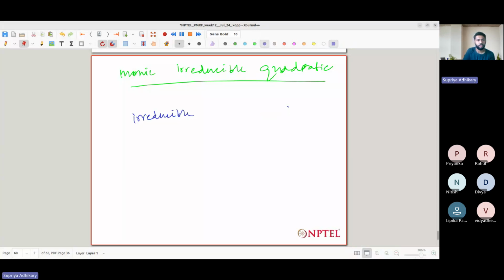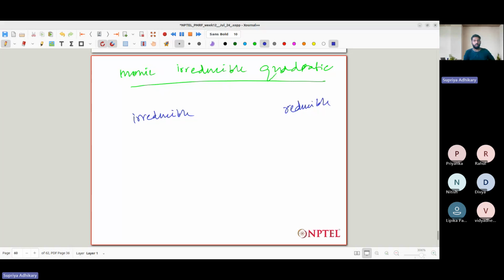Basically, non-irreducible means that it can be reducible. And by reducible polynomial, what do we mean? We mean that it can be factored into non-constant polynomials.